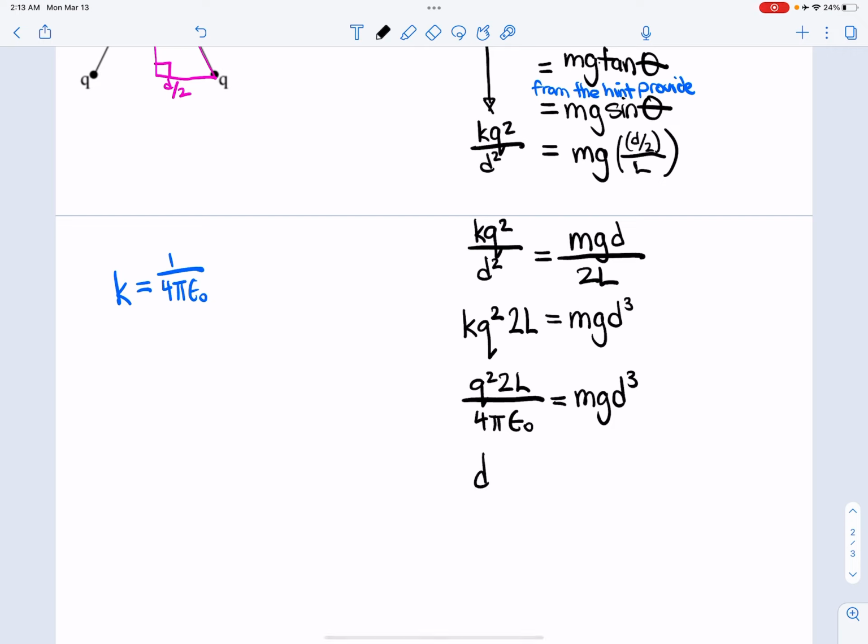So then d cubed is equal to q squared 2L over 4 pi epsilon naught times mg.